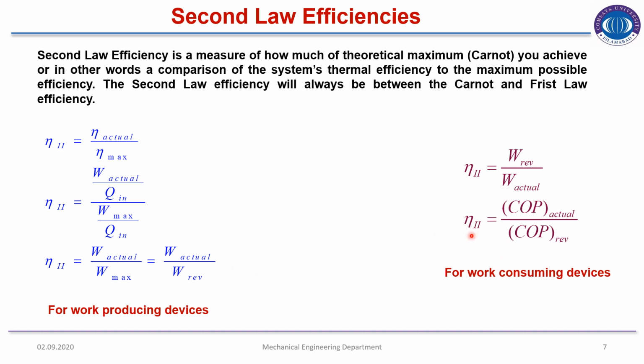Similarly, with coefficient of performance, we have the coefficient of performance of the actual device in the numerator and the coefficient of performance of the reversible device, or Carnot refrigerator, in the denominator.